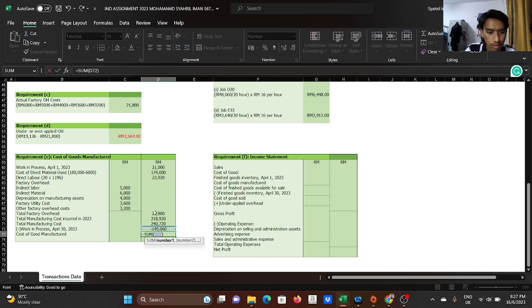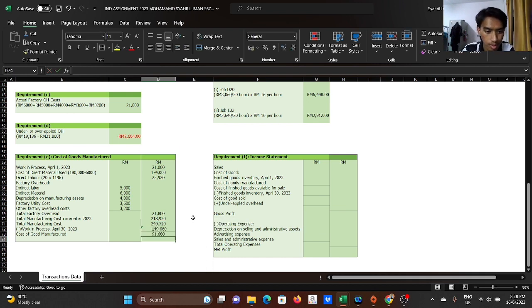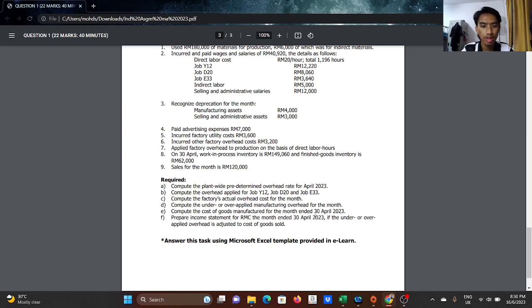Lastly, we compute all of this. And the total amount of cost of goods manufactured is 91,660.